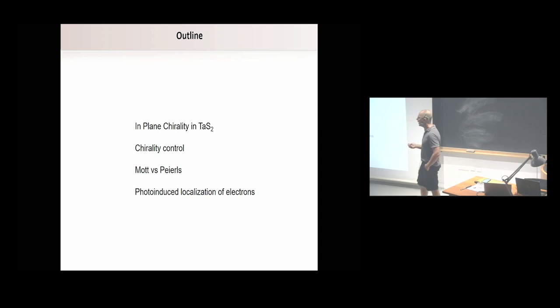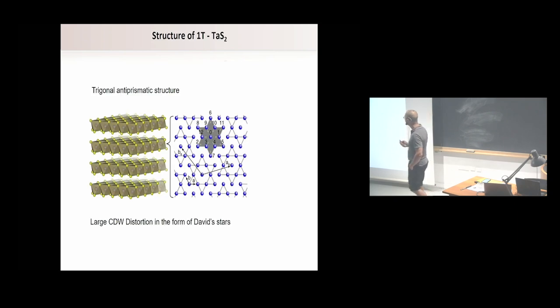Okay, let's start from the beginning. So the structure, you saw it before, although this is probably only the second or first talk about this material, but you already saw that this material has a trigonal antiprismatic structure.